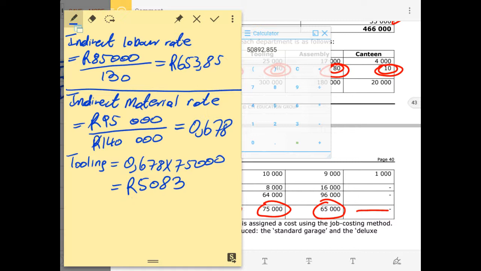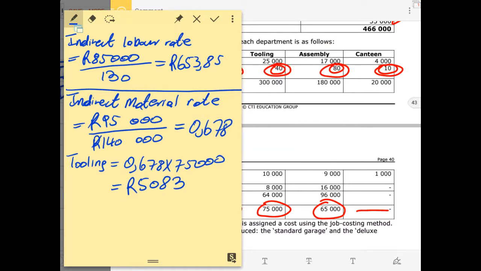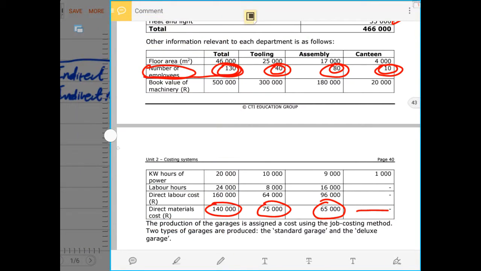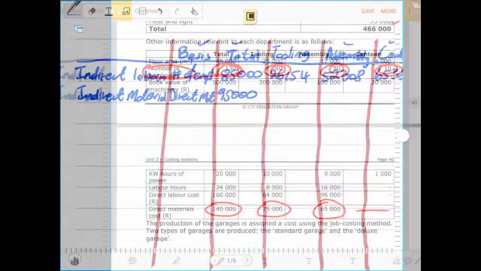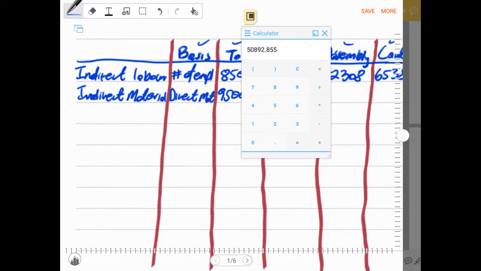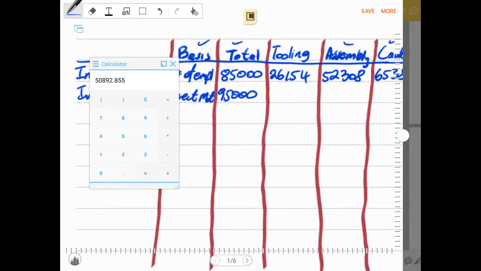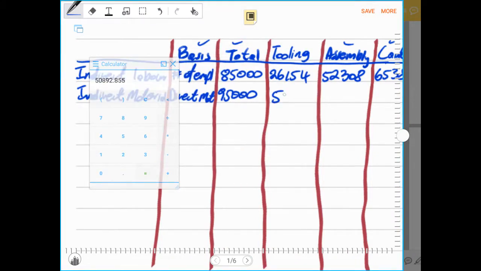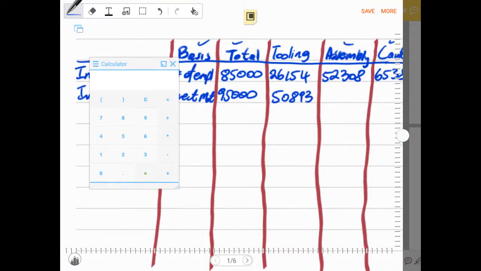So now this will be the allocation to the Department of Tooling. Then we allocate that amount in the tooling department: 50,893.